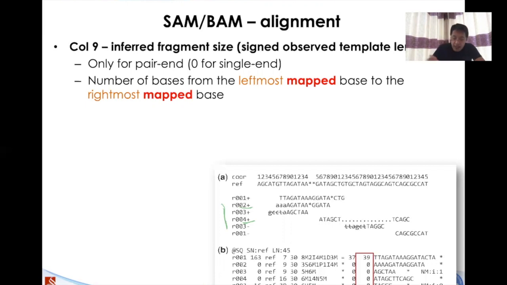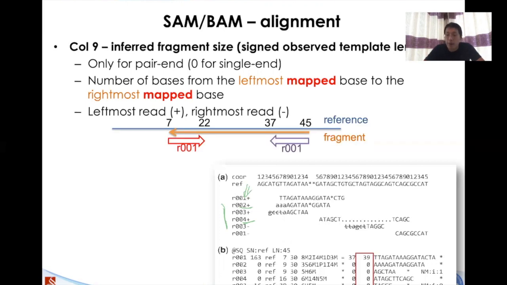So let's take R001 as an example again. Remember when we discussed these two numbers, 163 and 83, we know these sequencing reads are aligned in this way. You can see that R001 started from position number 7, while R001 on the reverse side ended, or started, you can consider that, at position number 45.